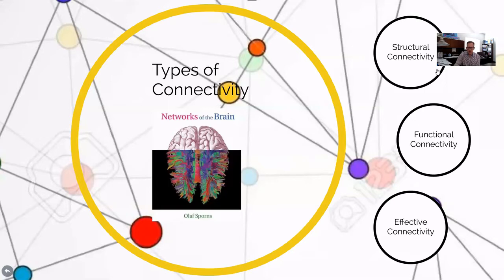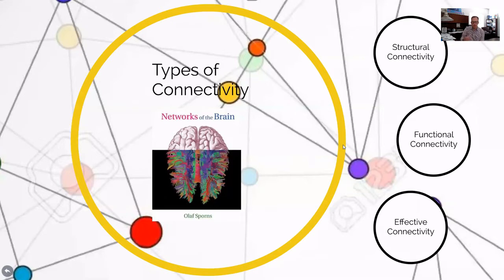In his landmark text published in 2009, Olaf Sporns delineated 3 different types of connectivity that could be studied in the brain: structural, functional, and effective connectivity. And we're going to run through each to help you understand what they each represent.